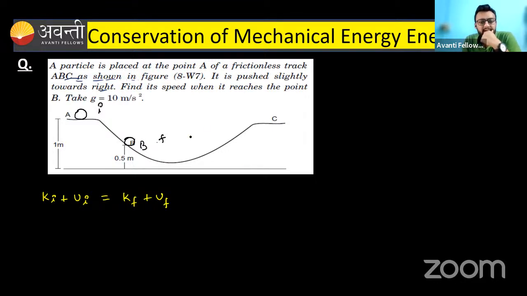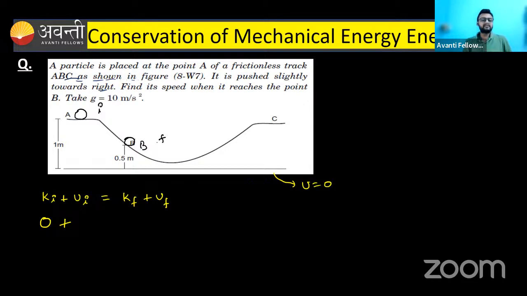They are saying that the ball is pushed slightly. Slightly pushed means that its kinetic energy is 0 at point A. So kinetic energy is 0 at point A, plus potential energy is what? This is our reference level now. This is the ground, which is our reference level.